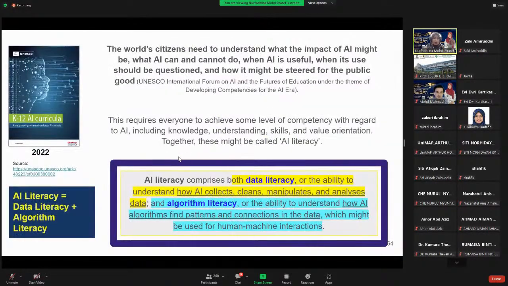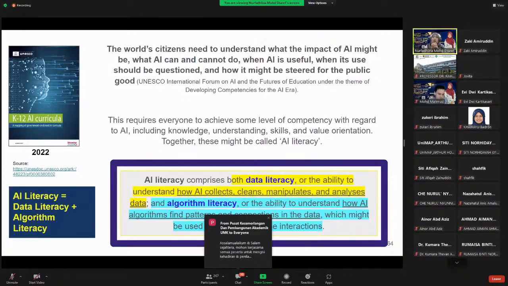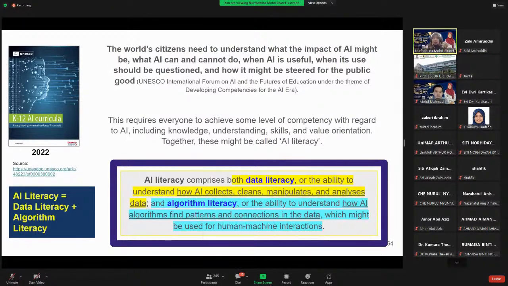UNESCO has informed that the world's citizens need to understand what the impact of AI might be, what it can and cannot do, when it is useful, when it must be questioned, and how it can be steered for the public good. To be able to do this, everybody needs to have some competency with AI, through language, knowledge, understanding, skills, and value orientation.